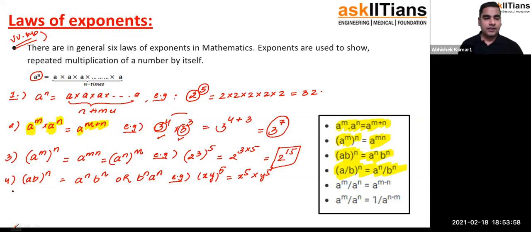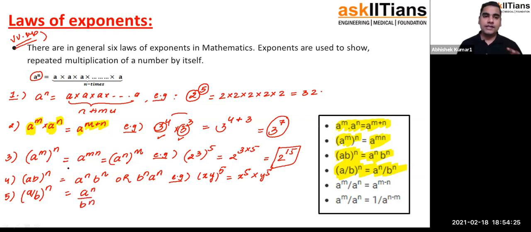Fifth one, it says if you have two terms in division form, quotient form, in the base, and both are raised to the same power. For example, here, if you observe very carefully, you have (a upon b) that is raised to the power n. All right. So what you can do here, you can write it as a raised to the power n upon b raised to the power n.